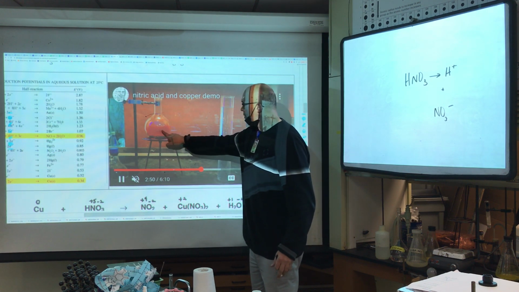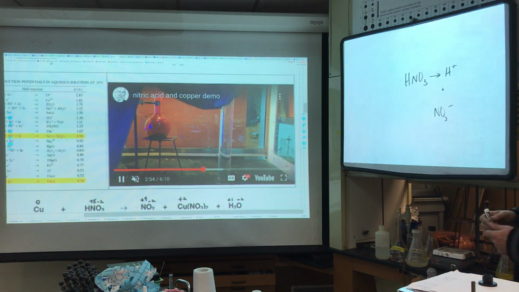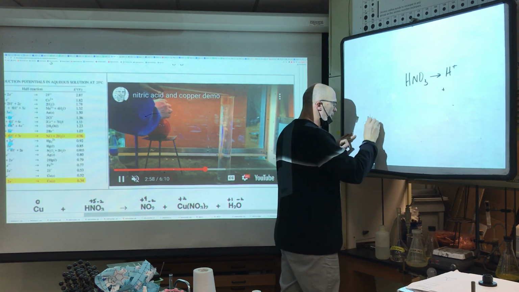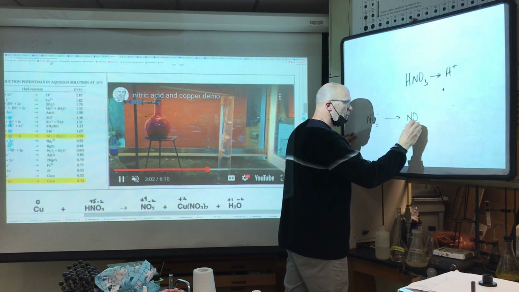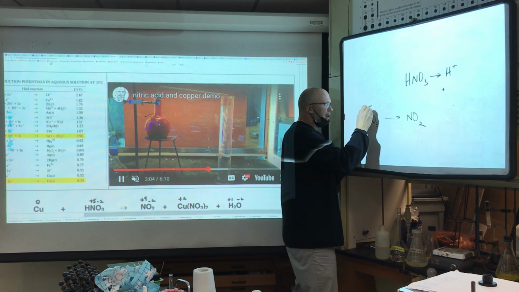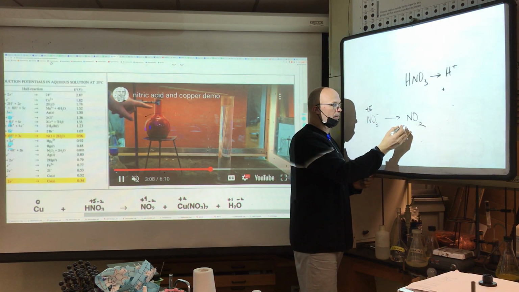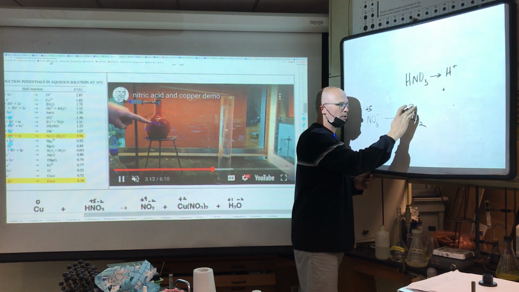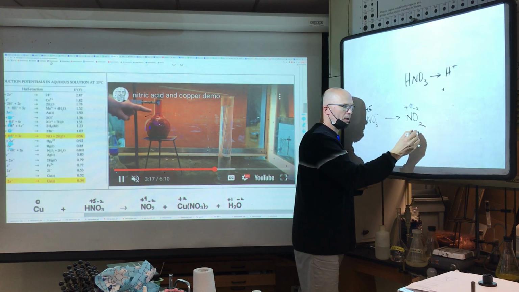Now that brown reddish gas is NO2. So the nitrate ion that's acting upon the copper is going to NO2. We know that this is +5. What's the oxidation state of N here? +4, because the oxygen is -2 individually, there are 2 of them, -4 overall.